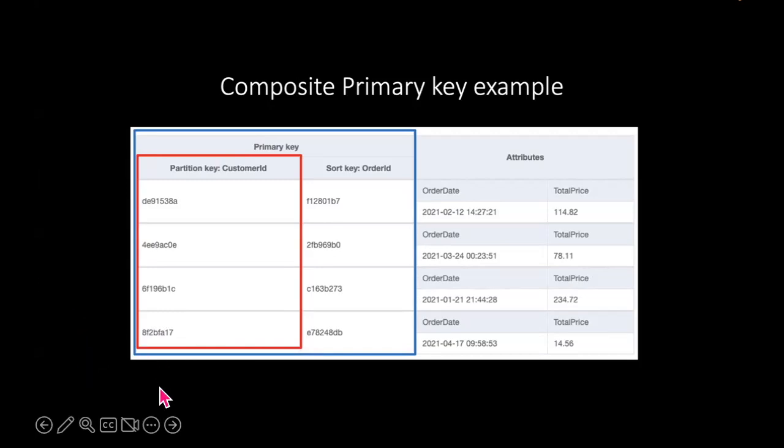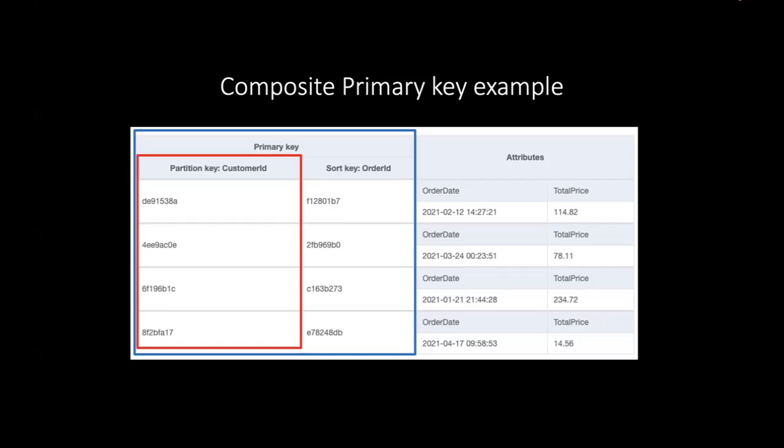The benefit of this approach is that I could query this database along the lines of give me all orders for customer 1234. And there is a way of querying DynamoDB for that type of query.